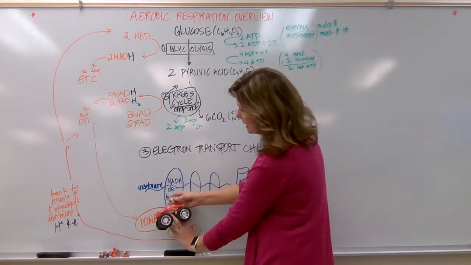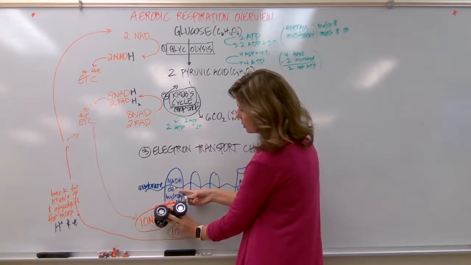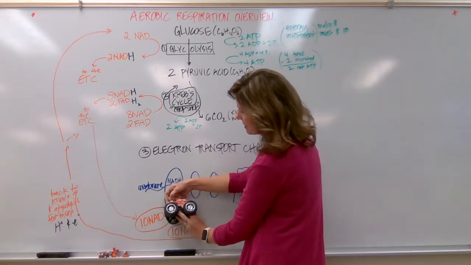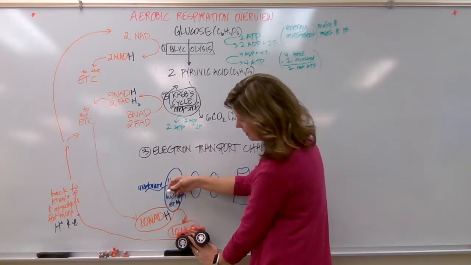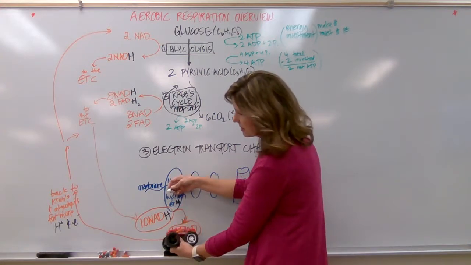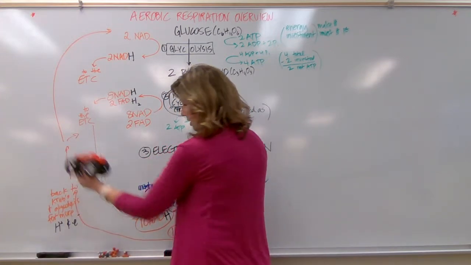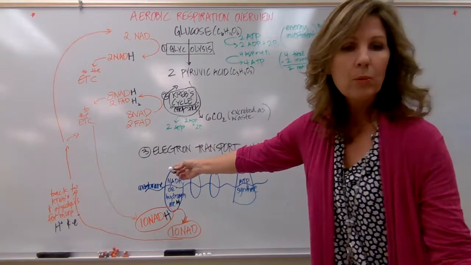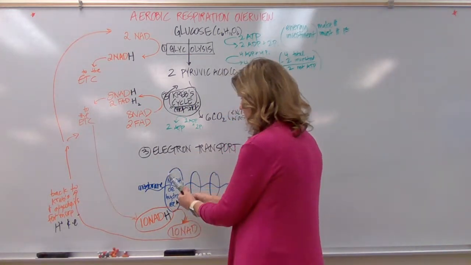All right, so 10 NADH as the substrate, binding to NADH dehydrogenase. That enzyme takes off, removes the hydrogen, dehydrogenates it. Now it's unloaded, or oxidized. It can return to the Krebs cycle and glycolysis to pick up more hydrogen. Now let's talk about what happens to this hydrogen at NADH dehydrogenase.